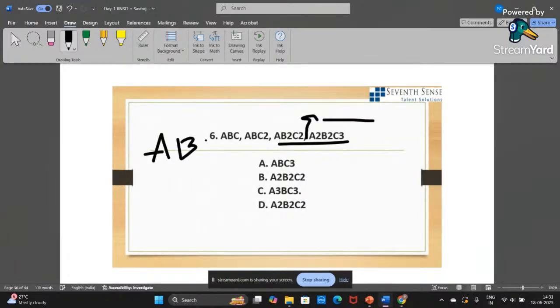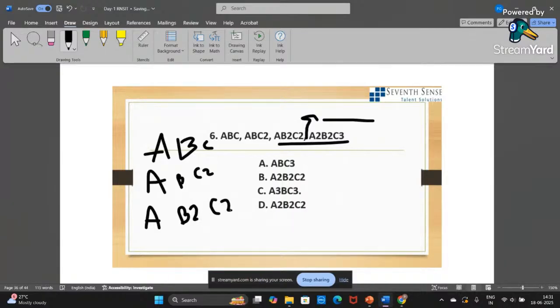A, B, C. Next it is A, B, C2. A, B2. C2 is added with B. Already it is with C, and in the next line it has been added with B also.